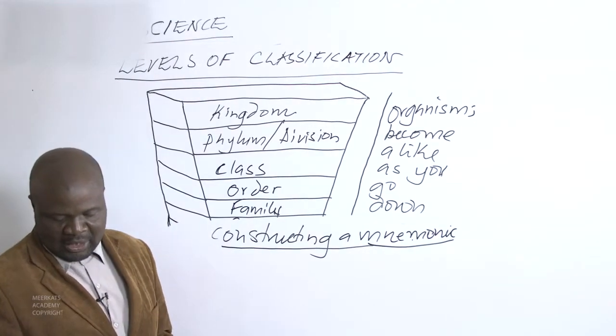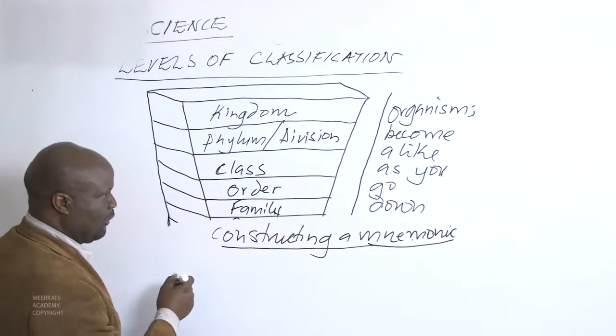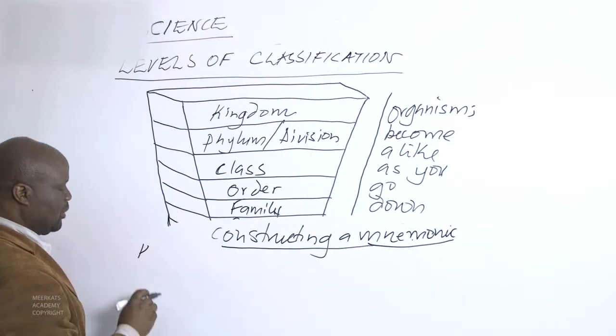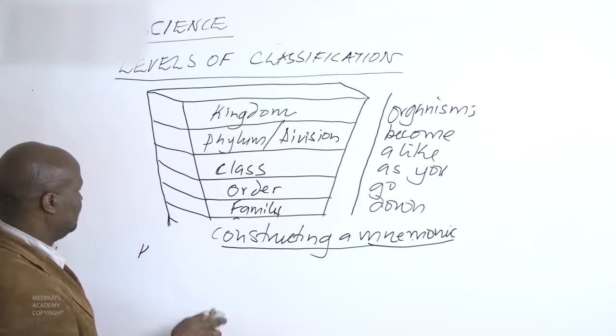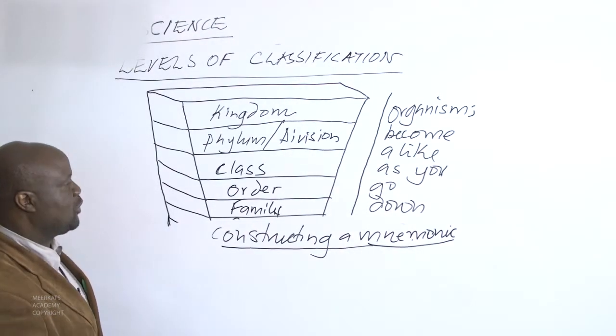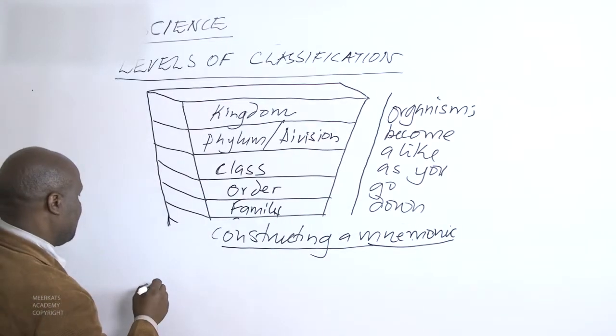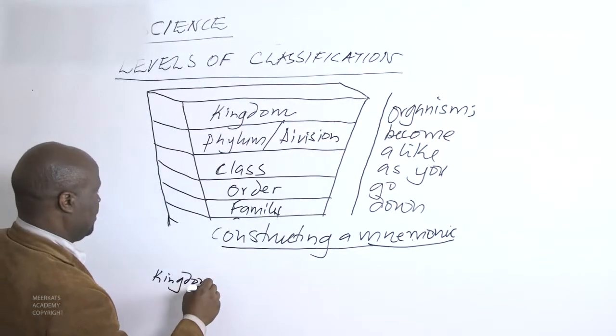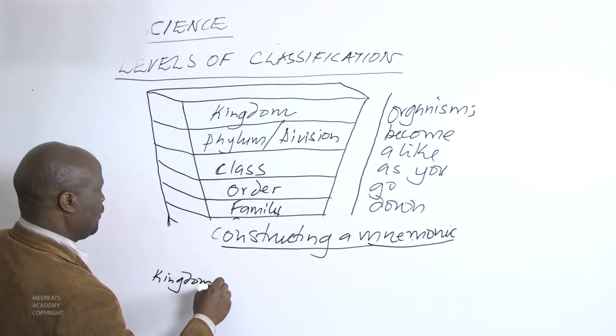For instance, we can give an example of a way how you can construct a mnemonic. You can have a kingdom here. Then the kingdom is followed by the phyla.